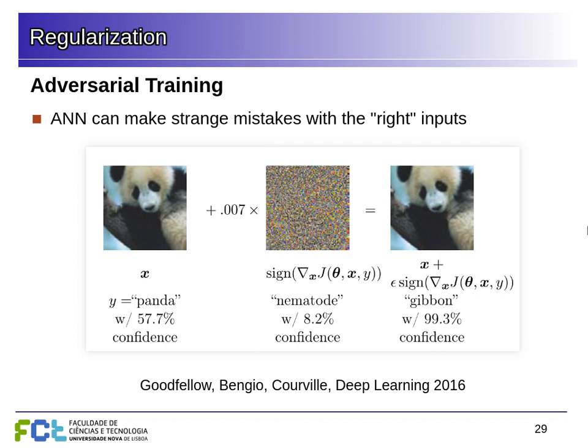Basically what we do here is we present this image to the network, then we compute the gradient of the loss function at that example, and we add this with a very small scale, 0.007 in this case, to the image. And when we look at the image, it seems the same.